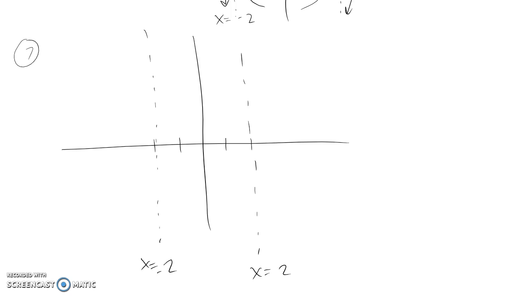We have a horizontal asymptote at y = 1. And remember our intercepts. We have an x-intercept at (-4, 0), as well as at (3, 0). Our y-intercept is (0, 3).